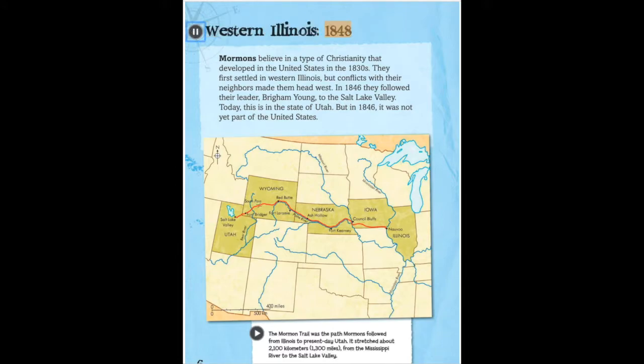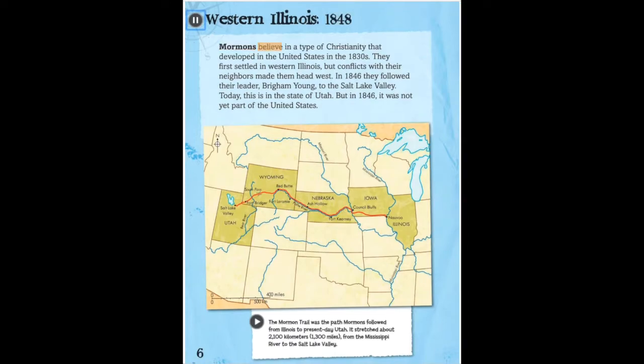Western Illinois, 1848. Mormons believe in a type of Christianity that developed in the United States in the 1830s. They first settled in Western Illinois, but conflicts with their neighbors made them head west. In 1846, they followed their leader, Brigham Young, to the Salt Lake Valley.